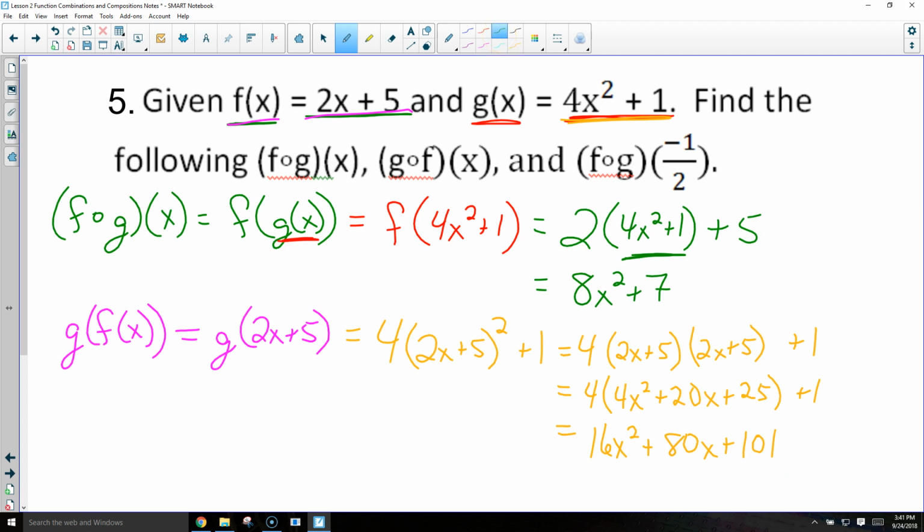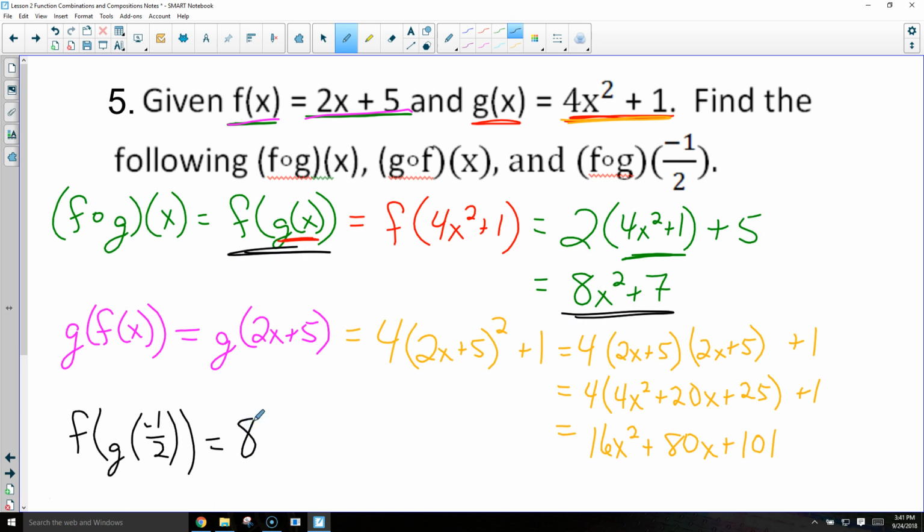Now it asks for f of g of negative 1/2. Well, I already wrote an equation for f of g of x here as 8x squared plus 7. So I can just plug into that shorter equation rather than going through the steps of plugging it into g and then into f.